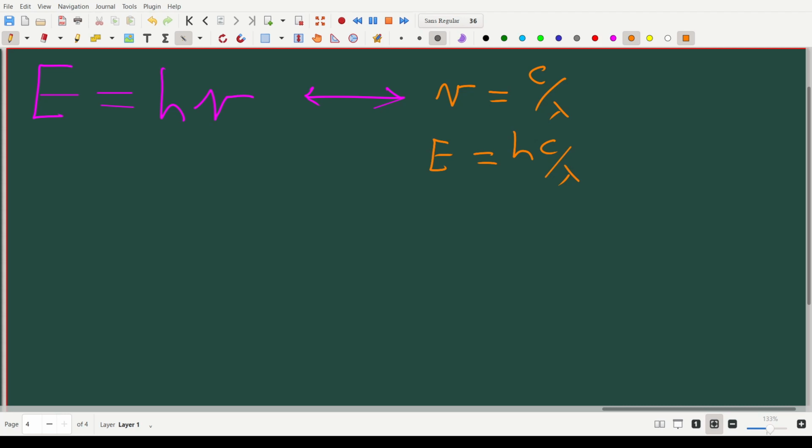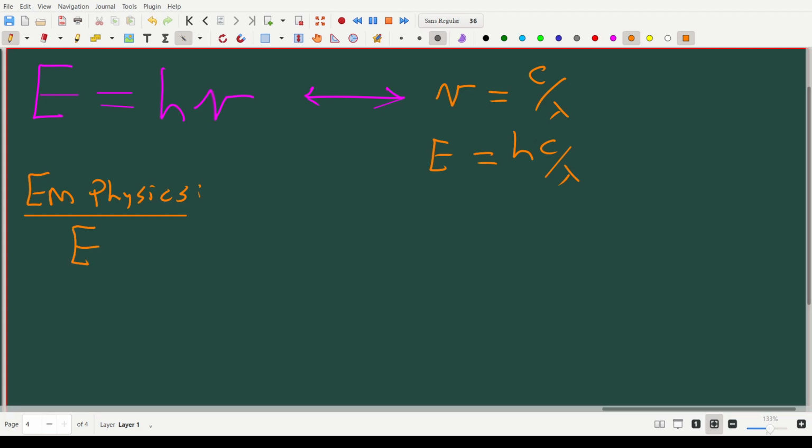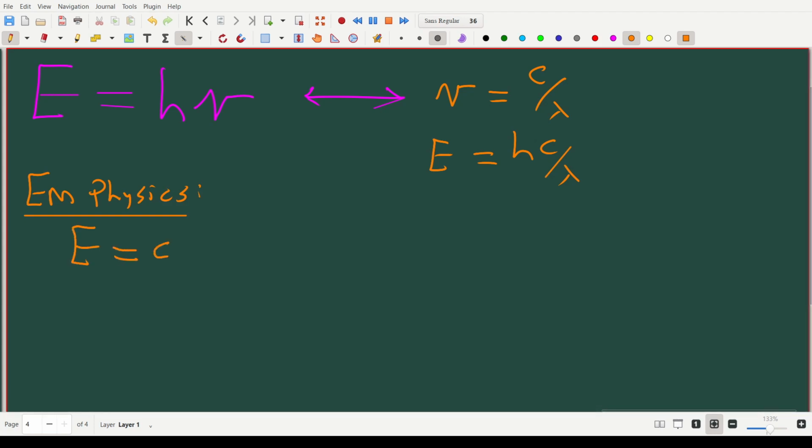But electromagnetism and EM physics, I'm not sure if you guys learned this, but we'll just write it down for a second, states that the energy of a light wave or some sort of light field is equal to c times the momentum. Sorry, that looks like density. The momentum.